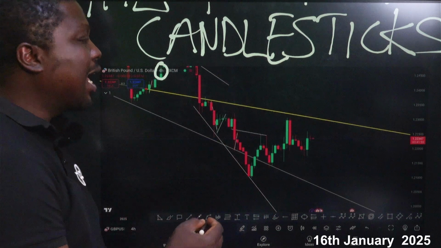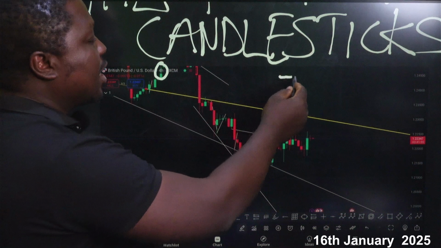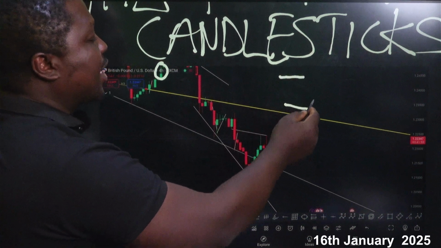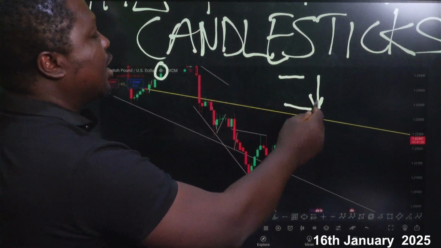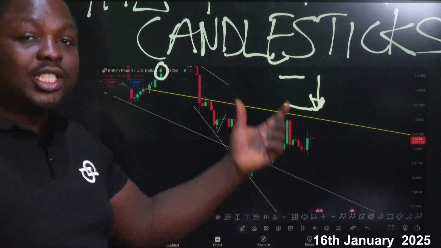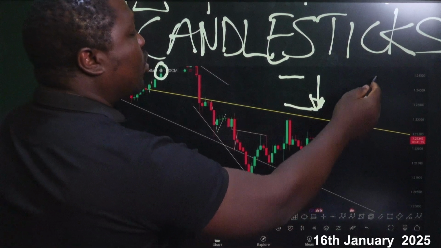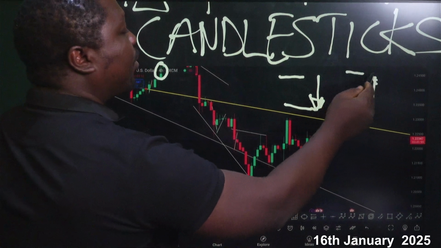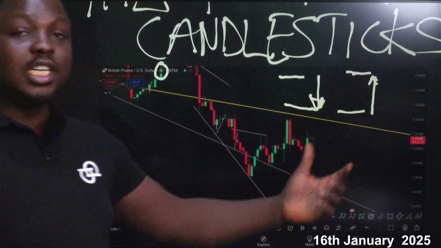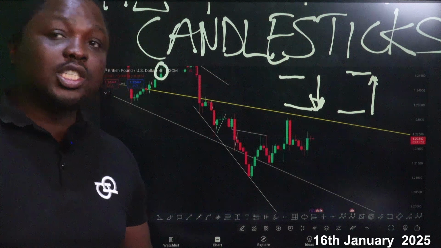So if the candle opens here and closes down here, that is a bearish candle. If it opens here, goes up and closes at this point, that means it went up, and that is called a bullish candle.